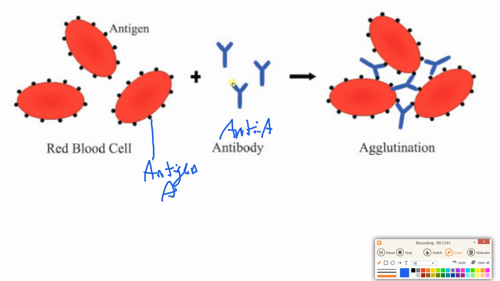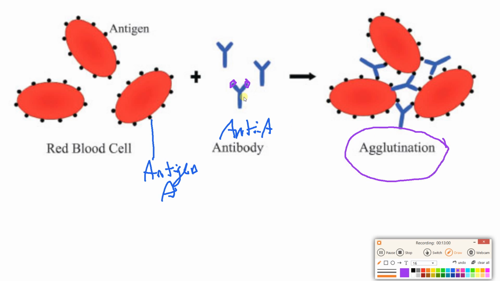So what's going to happen is the two tops of the Y here are going to grab on to the antigen. And this is going to do 2 things. Like I said earlier, it tags these cells for destruction, but it also creates what's called an agglutination.